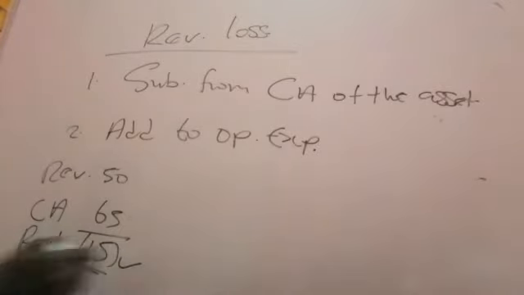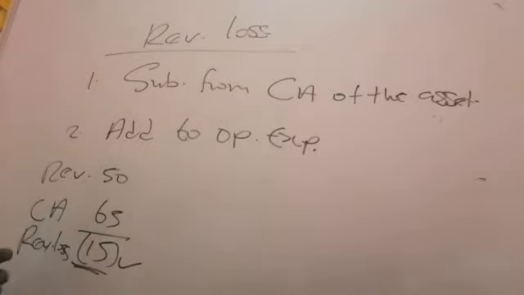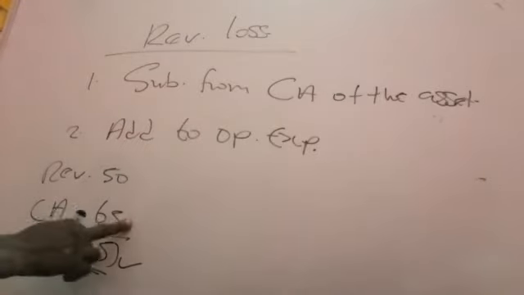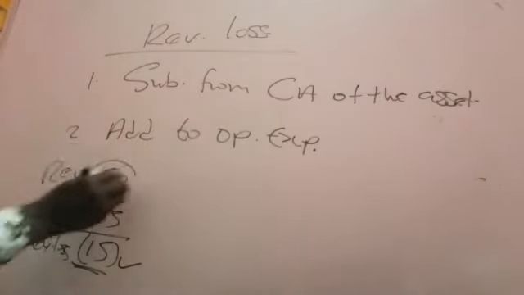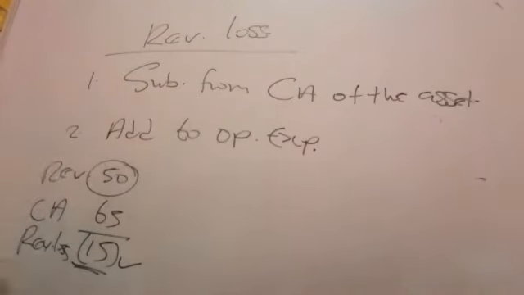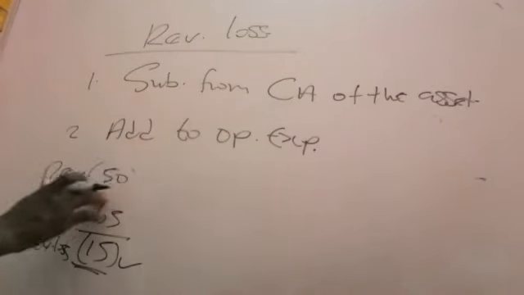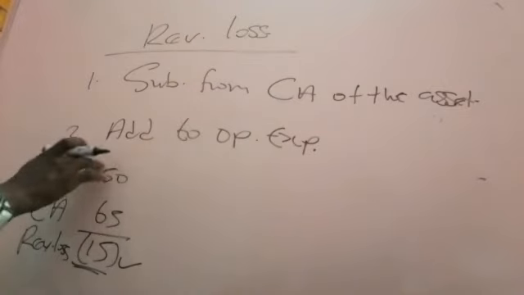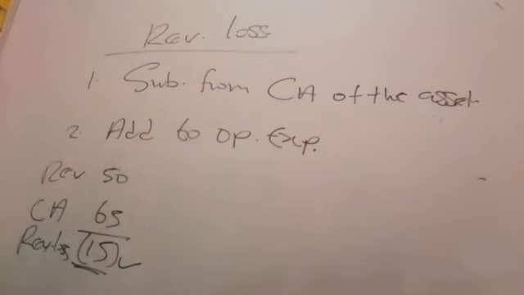How do you treat this 15 in the books? First, subtract it from the asset carrying amount. If I take 15 from 65, it results in the asset revalued amount. So it confirms the statement we made previously: right after revaluation, the asset value must be the revalued amount.